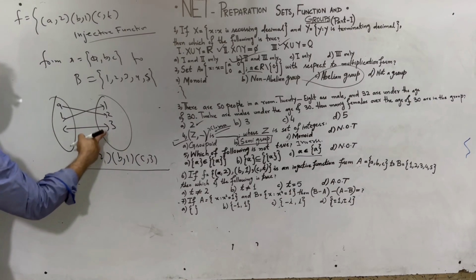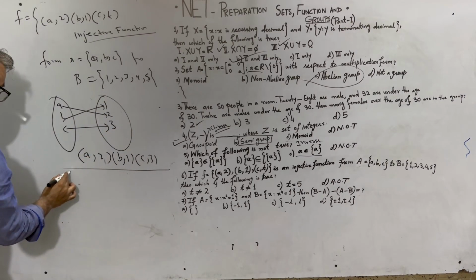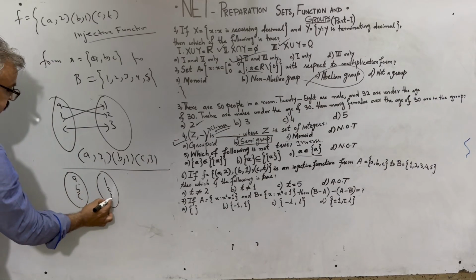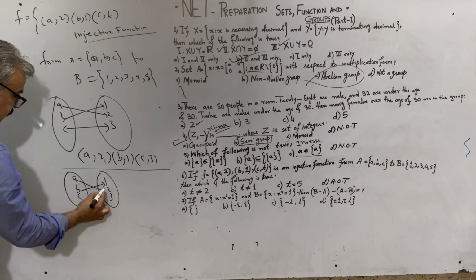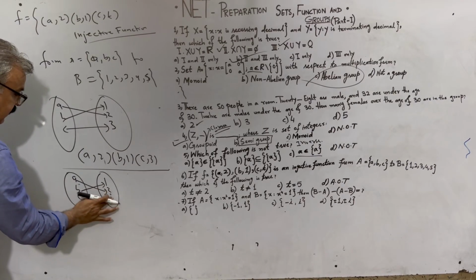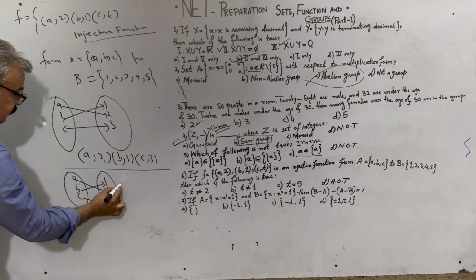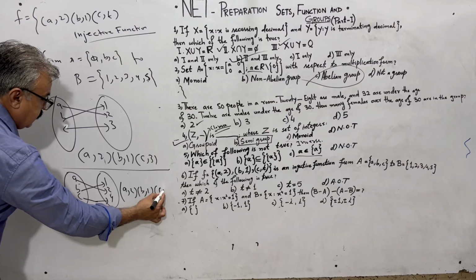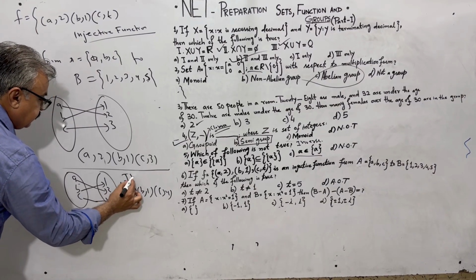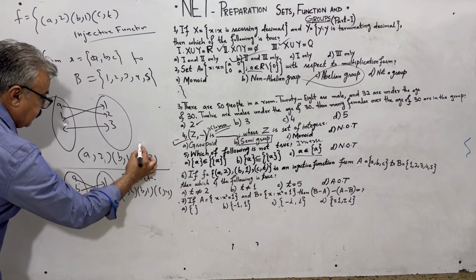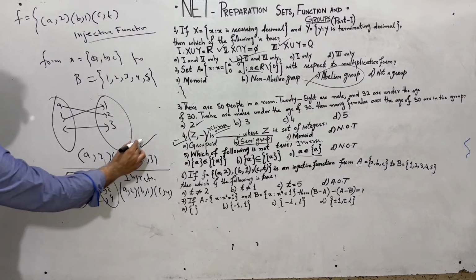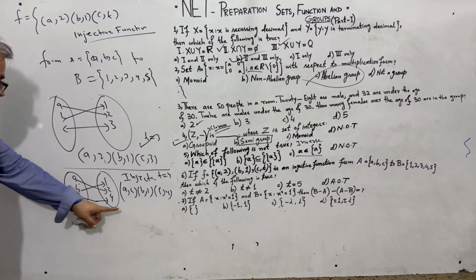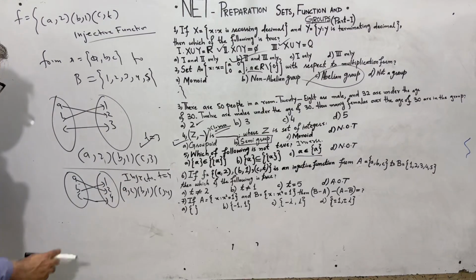If instead of 3 I take 4 from the range, then A to 2, B to 1, C to 4, it is also injective. This is true if T is equal to 3, and this is true if T is equal to 4, and if instead of this 4 I take 5, it's also true.